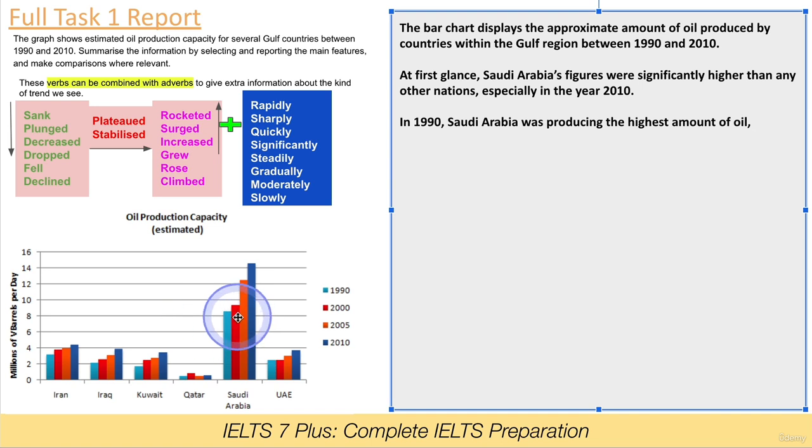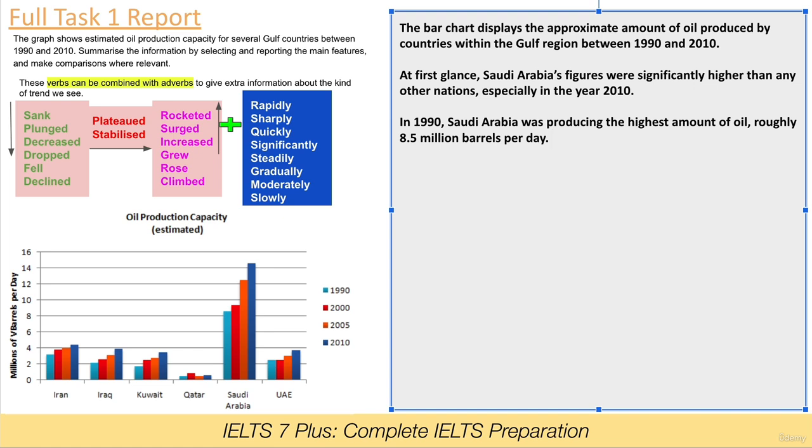And then we've got 2 million increments here. So 8 to 10 million. This may be 8.5. So roughly 8.5 million barrels per day.